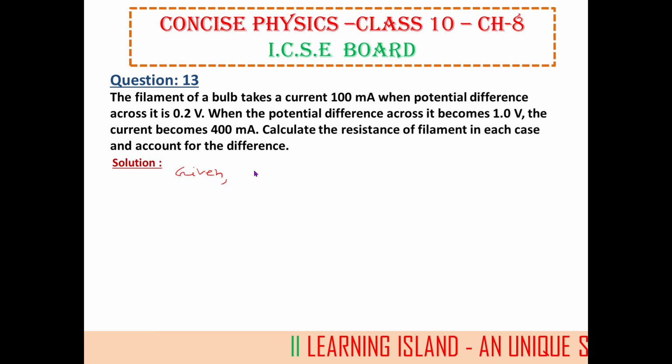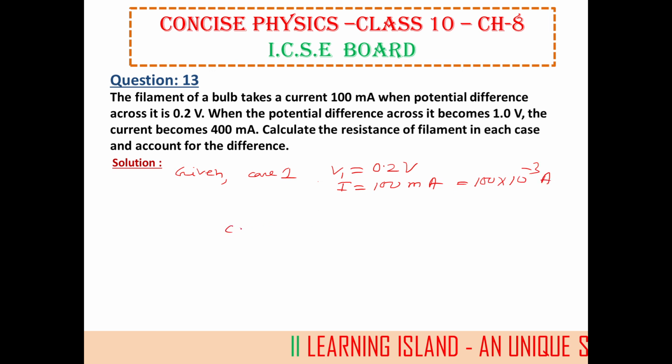Given, first case, when voltage, it is potential difference, V1 equal to 0.2 volt, then current I equal to 100 milliampere, that is 100 into 10 to the power minus 3 ampere.